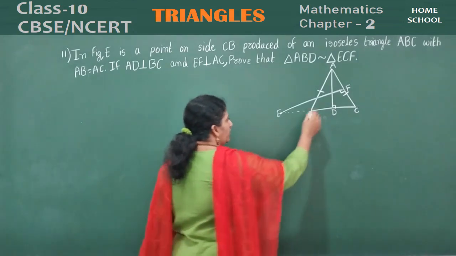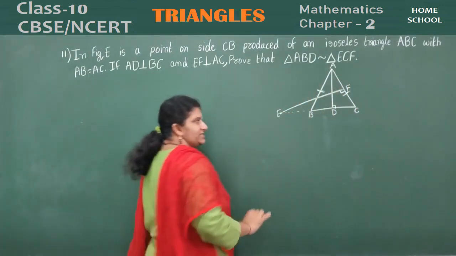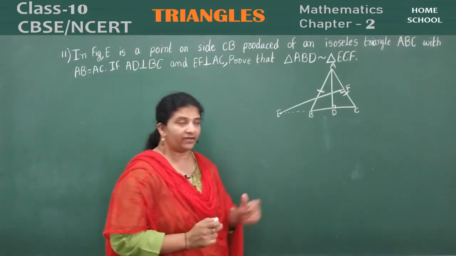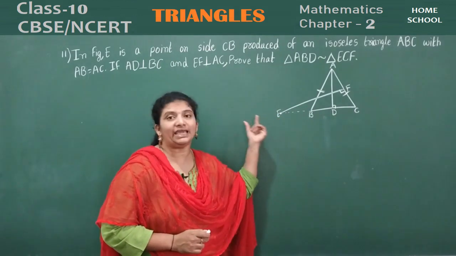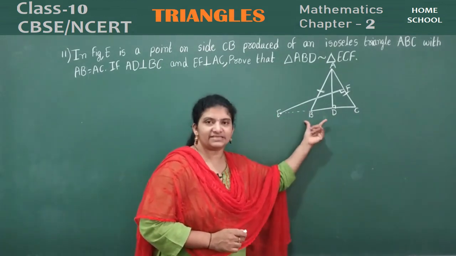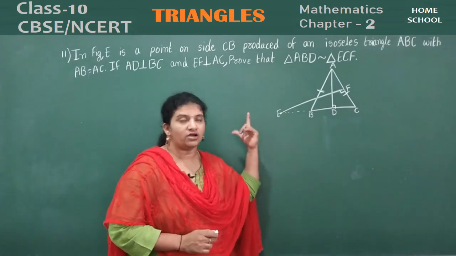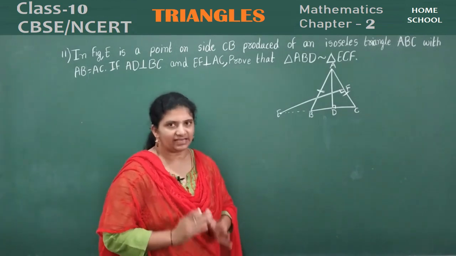This is an isosceles triangle where AB is equal to AC, given. And what did they give? If BC is produced, it is going to meet at a point E.